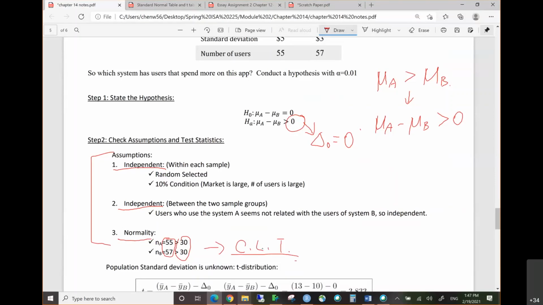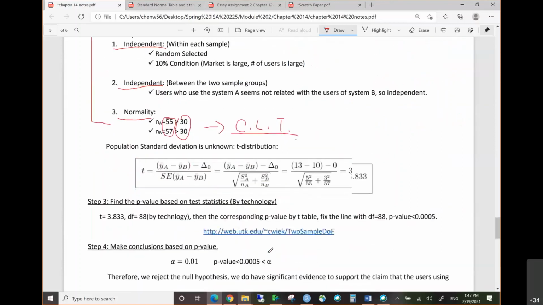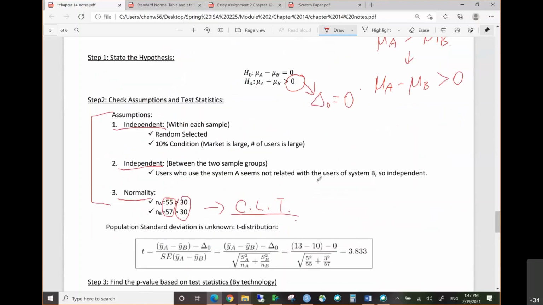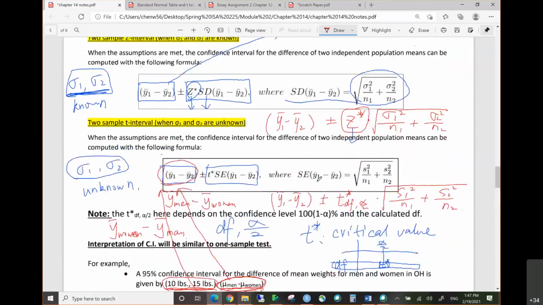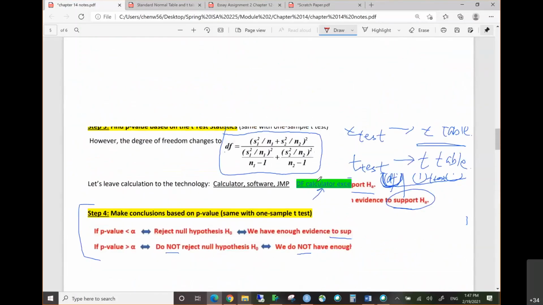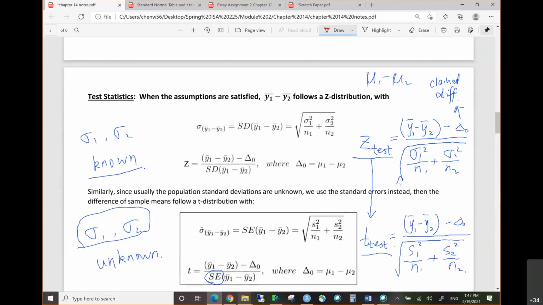All right. So after we check these 3 assumptions, we can calculate the test statistics based on our formula. Remember when we calculate the test statistics for the population mean, we have 2 formulas.